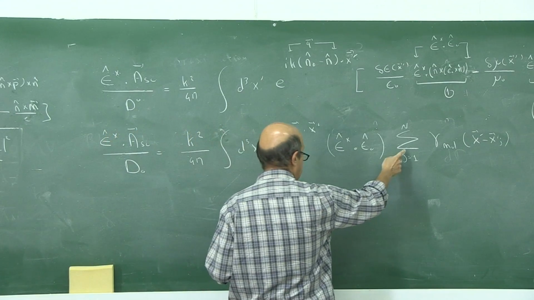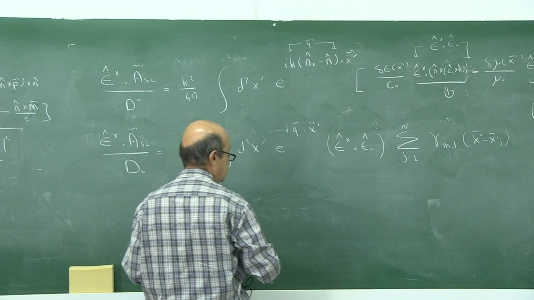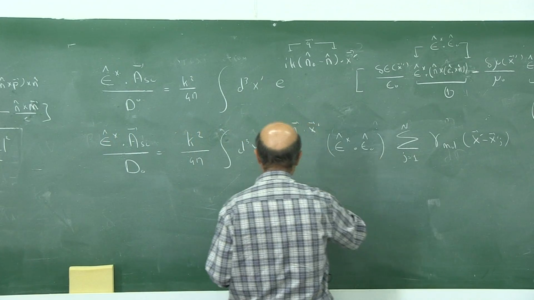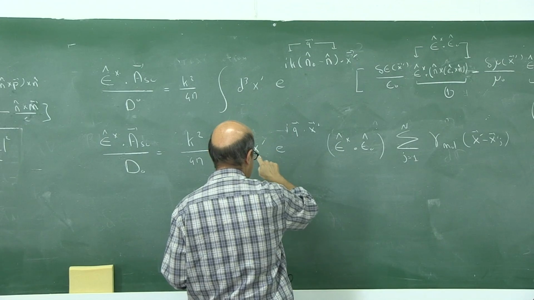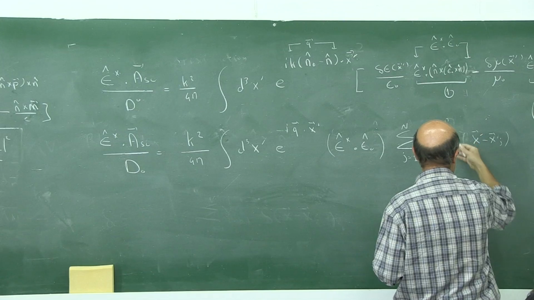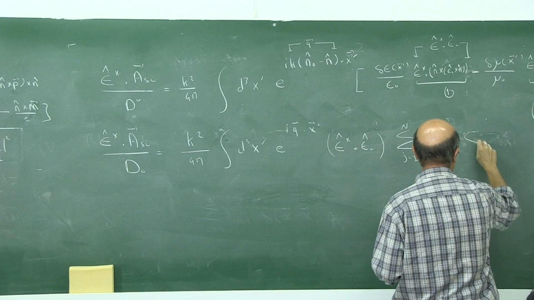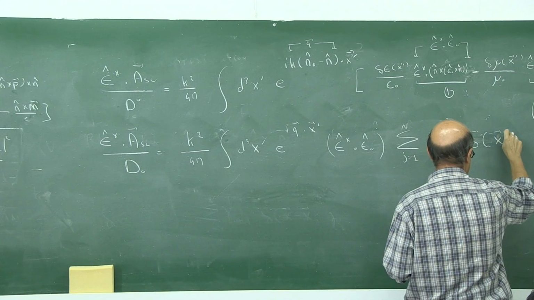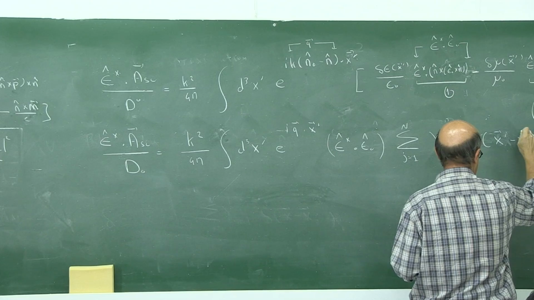Take the summation outside the integral, because this is finite. Take the integral d cube x prime. So we have delta functions here, delta function of x prime minus xj.